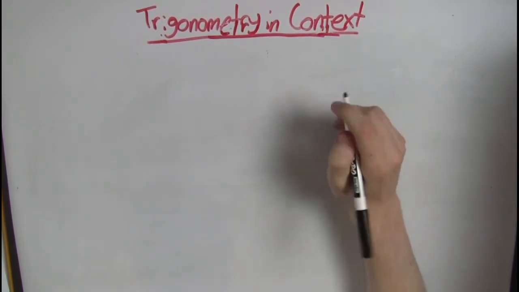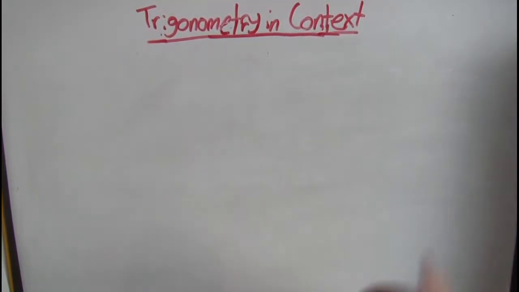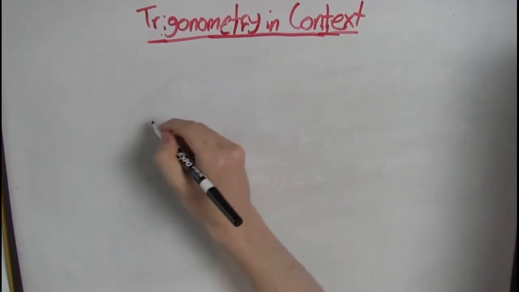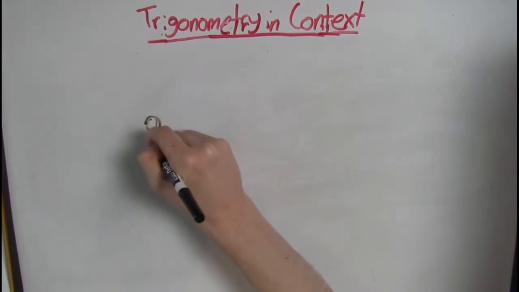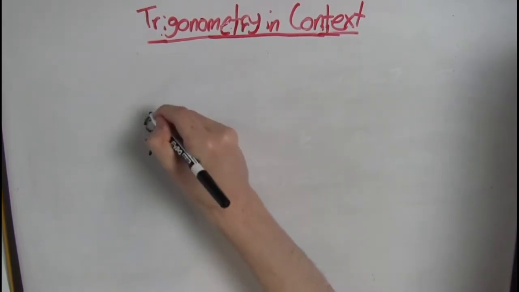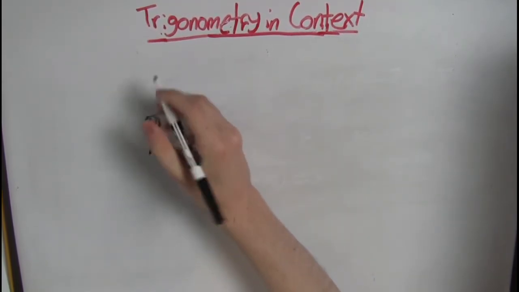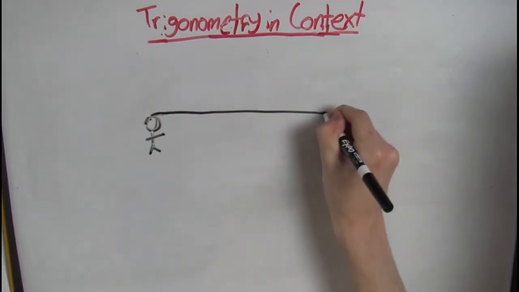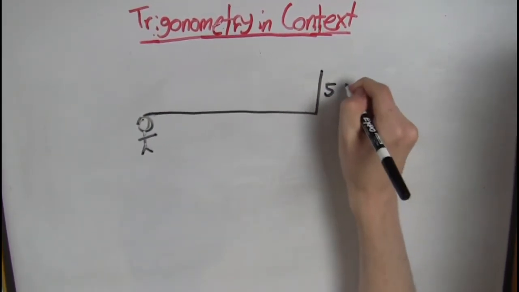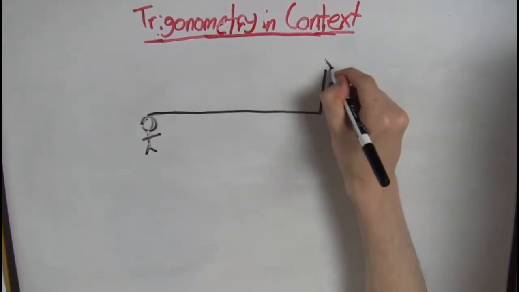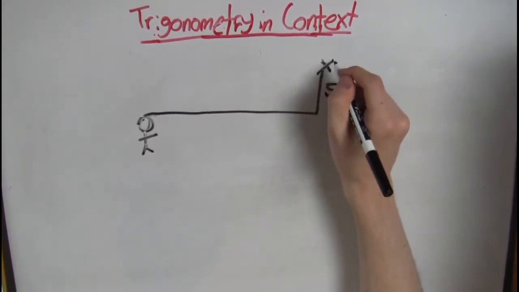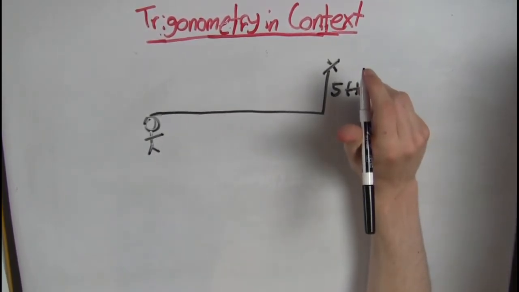So to preserve my door, I need a target that I can hit 5 feet above my head. So I'm here throwing baseballs, and let's say 5 feet above my head, some distance away, is a target. So I'll do an X here just to say, here's a target.